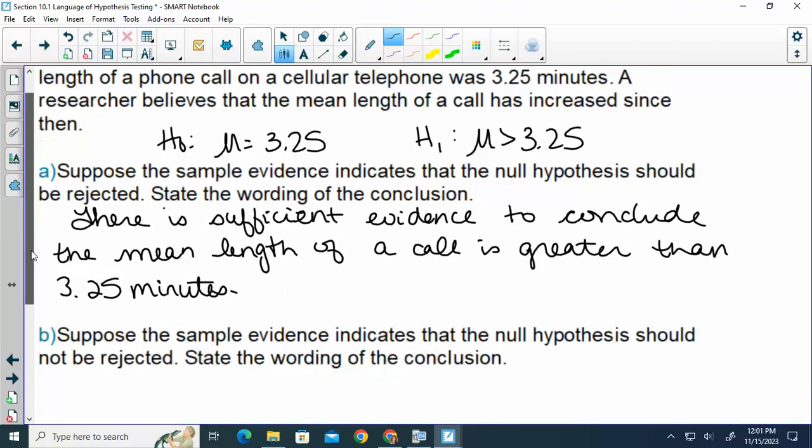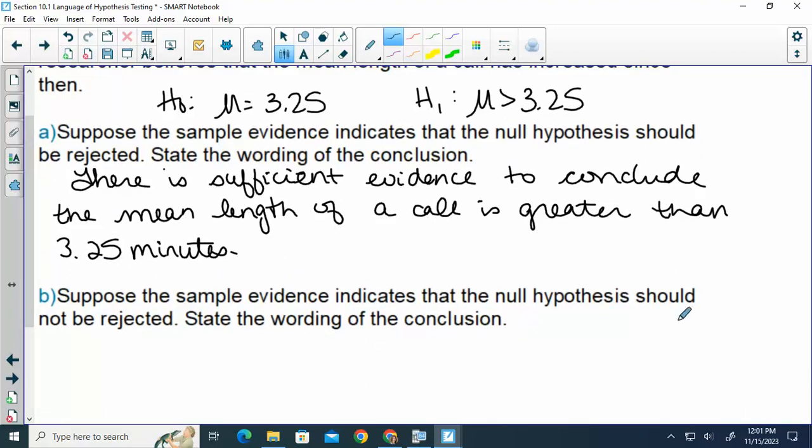If I do my experiment and my evidence says the null should not be rejected, I am not saying that I have proven the mean call is 3.25. That's not what we tested. We were testing if the call was greater than, and we can't prove that, is basically what it means.